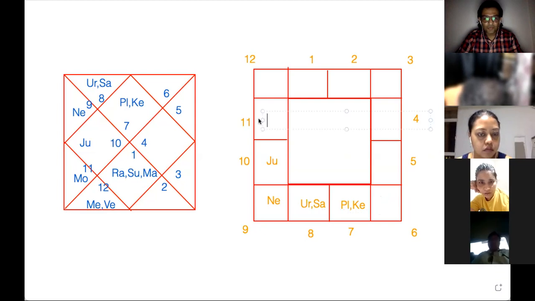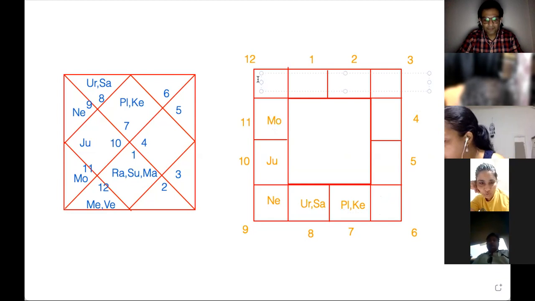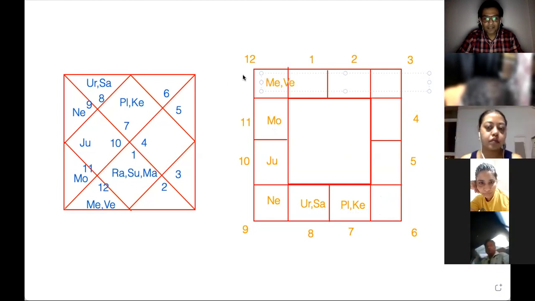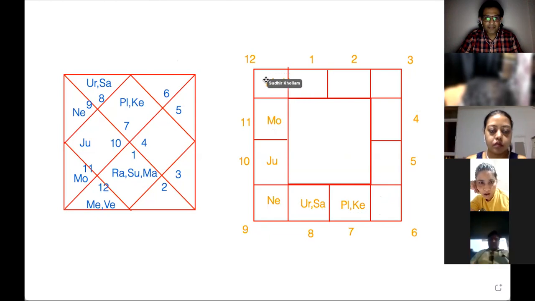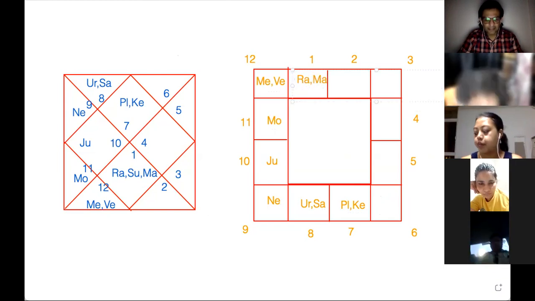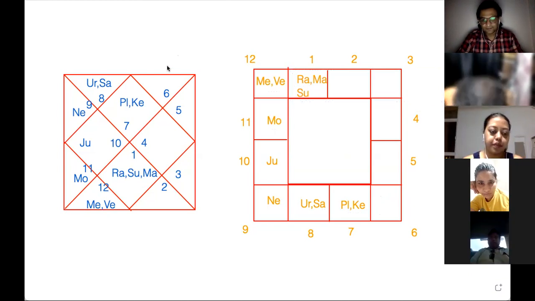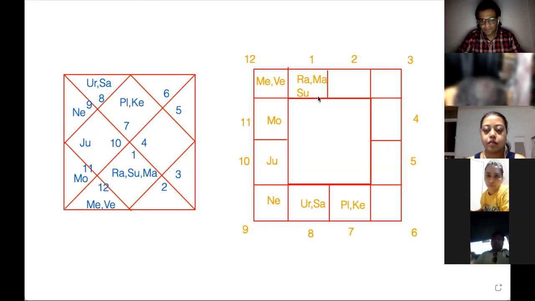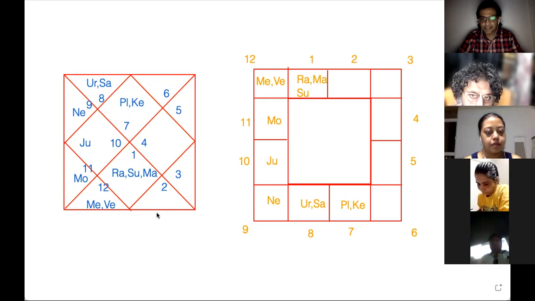In the 11th Rashi, Moon will come. In the 12th Rashi, Mercury and Venus will come. And in the 1st Rashi, Rahu, Sun, and Mars. These 3 planets will come in the 1st Rashi. Rest everything will be empty, because there is nothing in the 2nd, 3rd, 4th, 5th, 6th Rashi.